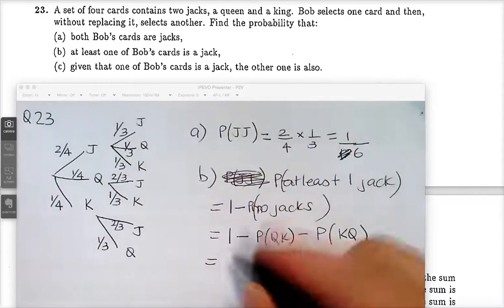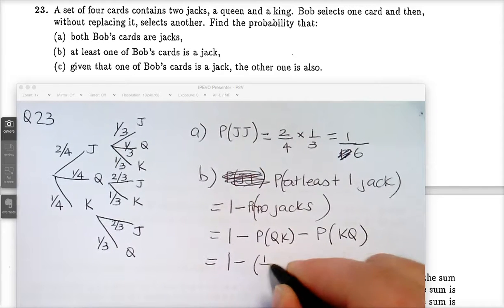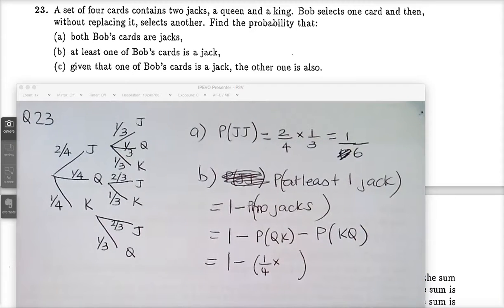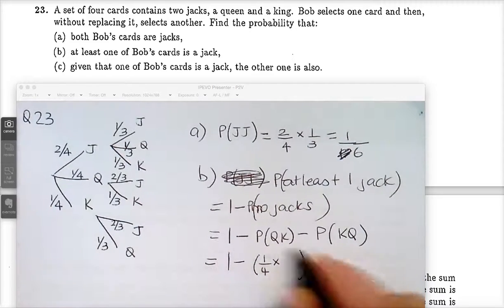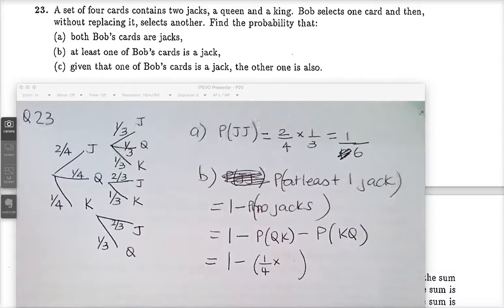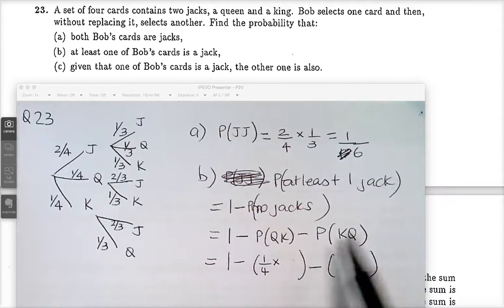Too many to do. 1 minus, what have we got? A quarter times 1/3. You only do brackets if you're going to add them. So you either take them away both individually or you add them together and then take the total away.